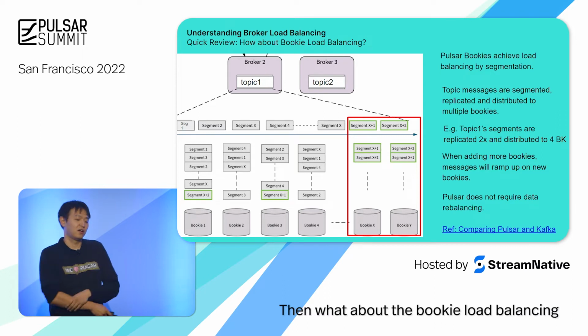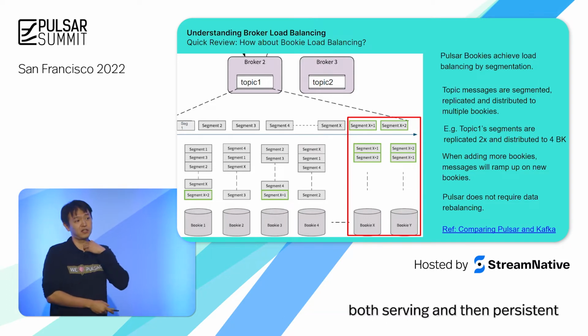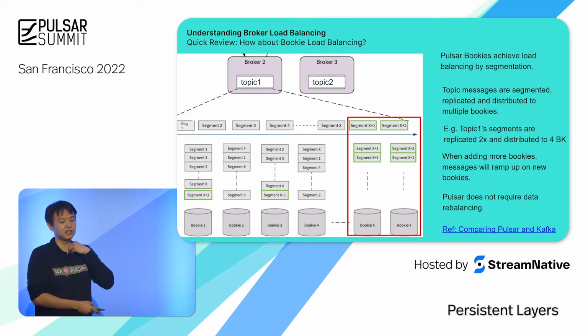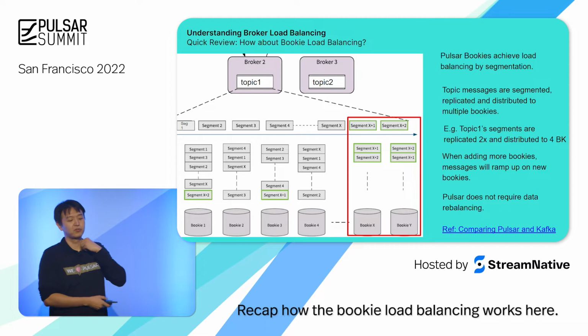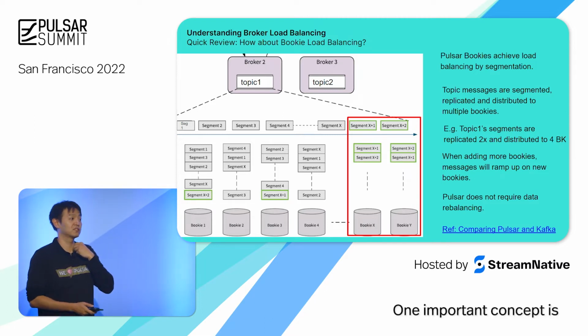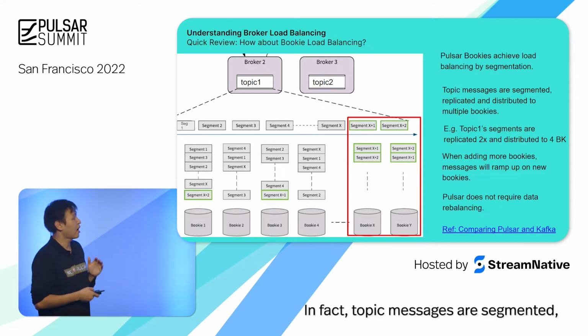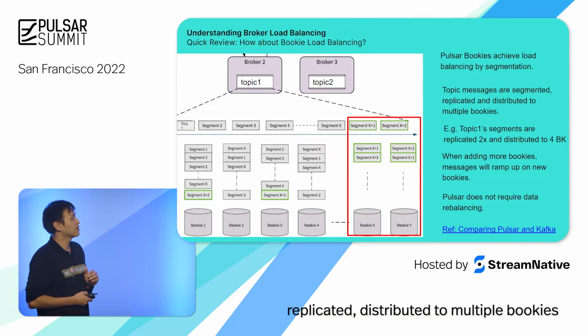Then what about the bookie load balancing? To complete our context in both the serving and persistent layers, let's recap how bookie load balancing works. One important concept is message segmentation. In fact, topic messages are segmented, replicated, and distributed to multiple bookies.